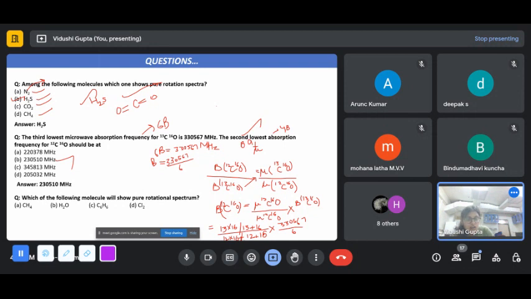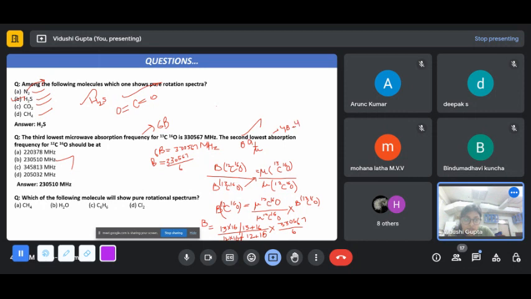Actually, after calculation, whatever value comes from here will be the B of 12C. Now you know for the second lowest absorption frequency, it's 4B. So just multiply the value by 4.